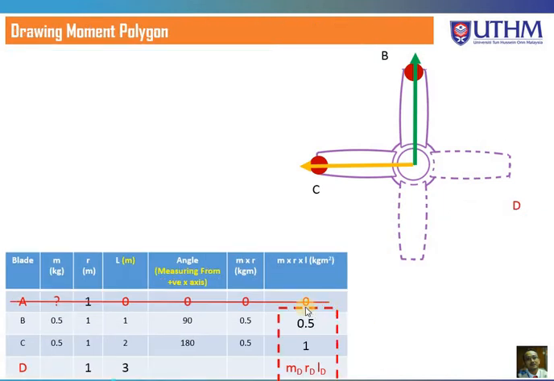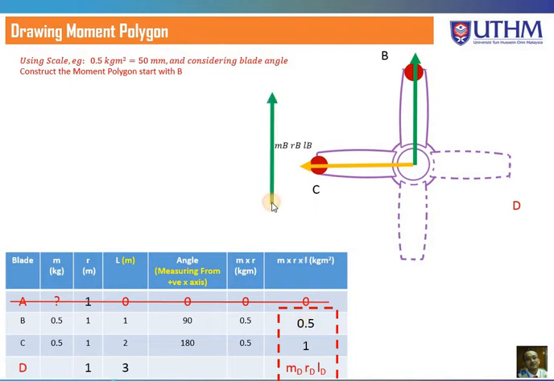Having these values of moment, you need to draw a moment polygon using a scale, say 0.5 kgm squared is equal to 50 meter, and considering the blade angle, construct the moment polygon. Start from B, so the value is 0.5.